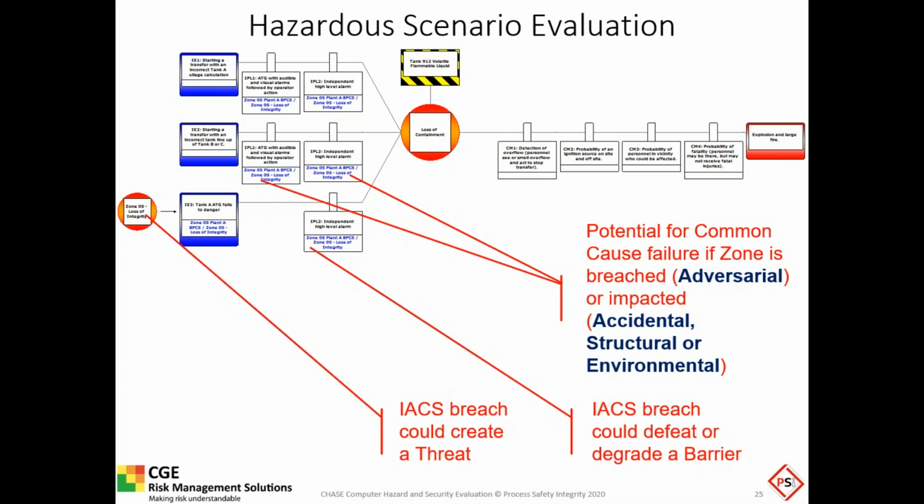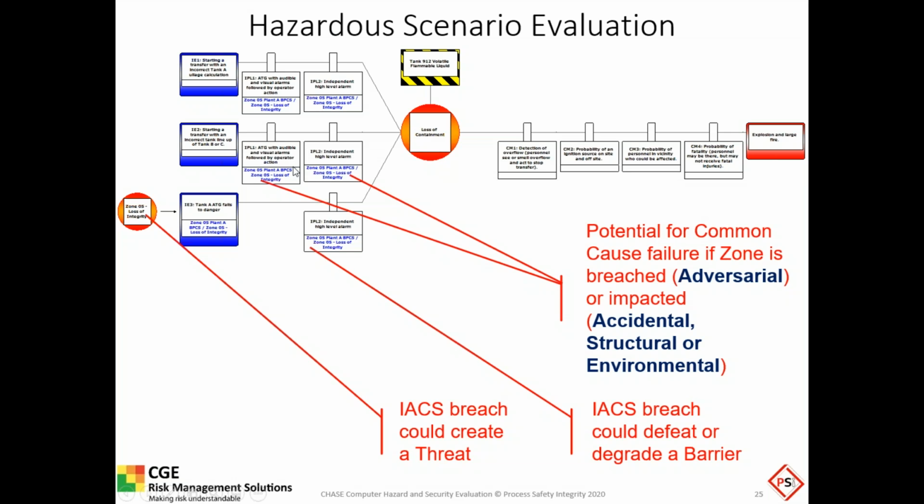So taking that forward from the logical to the physical, we can identify on the physical bow ties where individual barriers are connected to logical bow ties. Here we've got these two barriers that are influenced or overseen by a particular zone. So if we lose this zone 5, either deliberately or accidentally, then you've got a common cause failure.